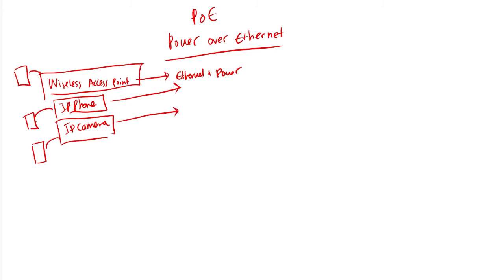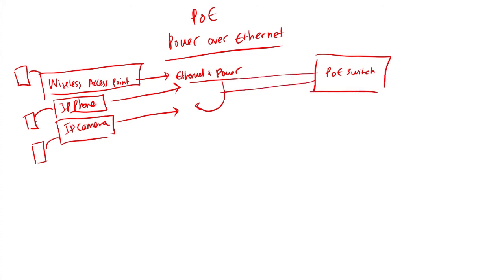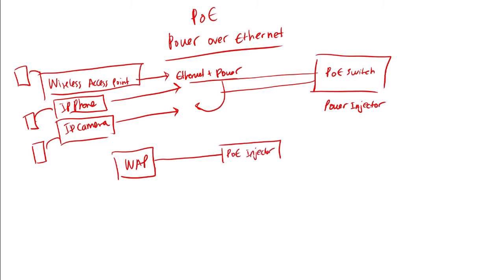So what if I could bring the power over the Ethernet? And the way we do that is we get a PoE switch, and the PoE switch sends power, or we can use a power injector. The PoE switches are expensive. So if I've only got one or two devices, say I got one Wi-Fi access point in the office, then we put a PoE injector and then our switch.